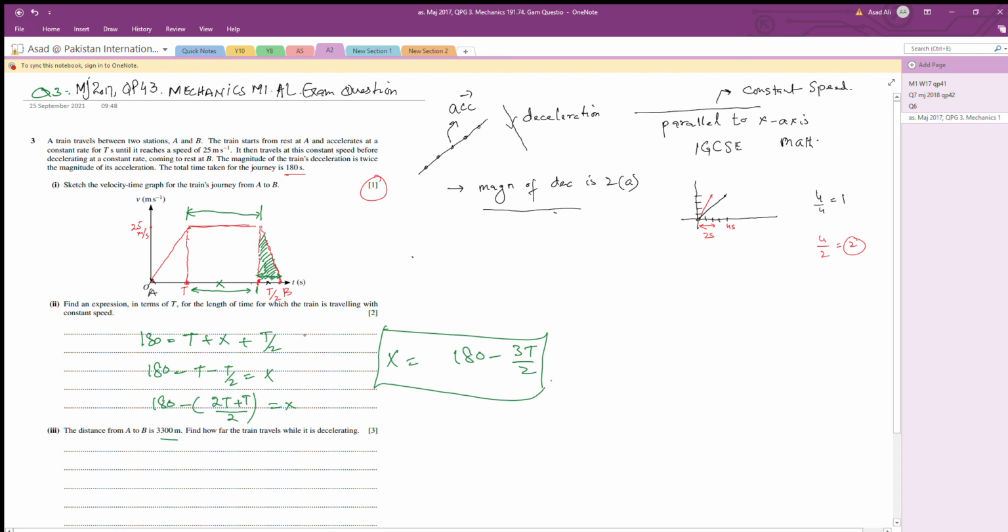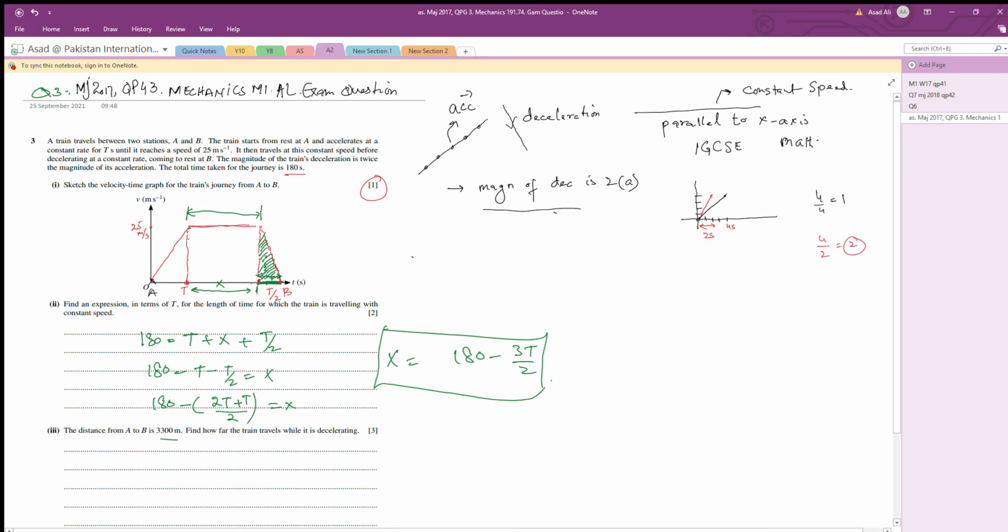So basically we are finding the time, how far the train travels while it is decelerating. This time is required. Here is the deceleration occurring.